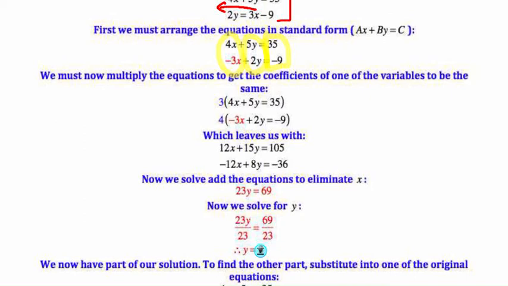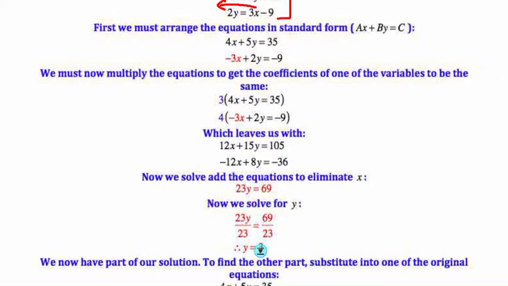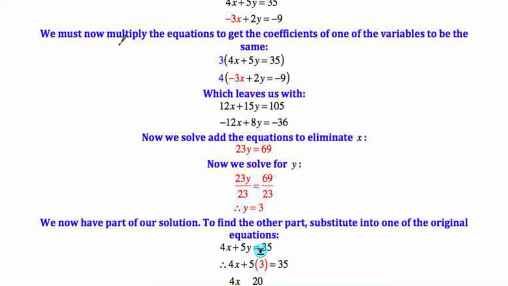What we need to do now is add or subtract the two equations in order to eliminate either the x's or the y's. Of course, if we added the equations as is, the x's would not cancel each other out, neither would the y's. So to begin with, we're going to multiply the equations to get the coefficients of one of the variables to be the same.